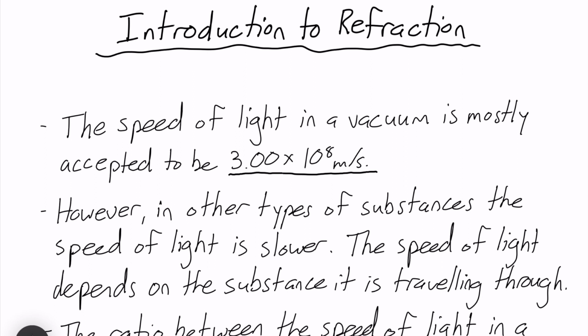That is the fastest possible velocity that light can travel at in a vacuum. Again, a vacuum would be an area where there are no molecules for light to hit, and a really good example of that would be space.